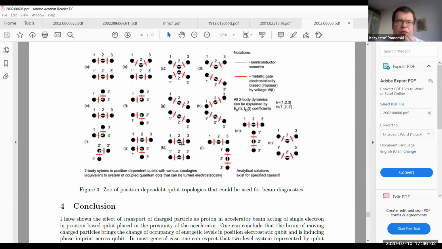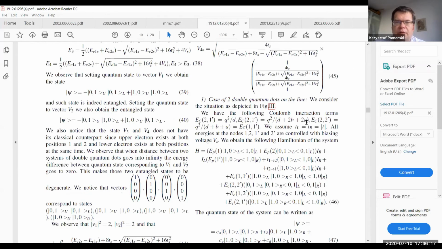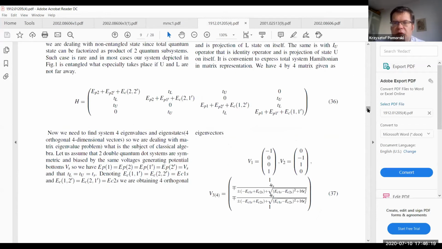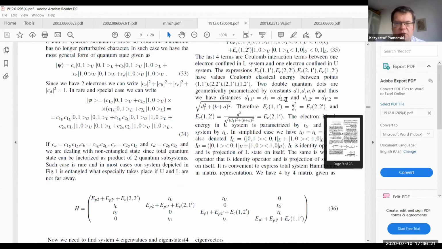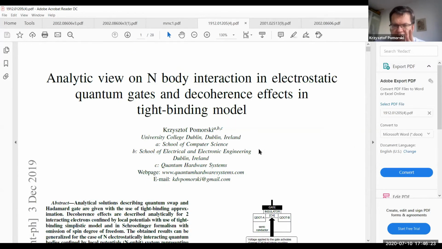Now I will move to a more detailed picture of dissipation, starting from the case of non-interacting qubits. Maybe I will move to another document. This was the title that was sent to you: an analytic view on n-body interaction in electrostatic quantum gates and decoherence effects in a periodic model.